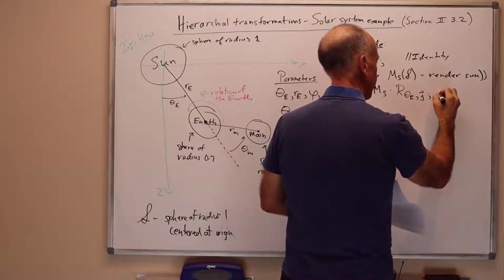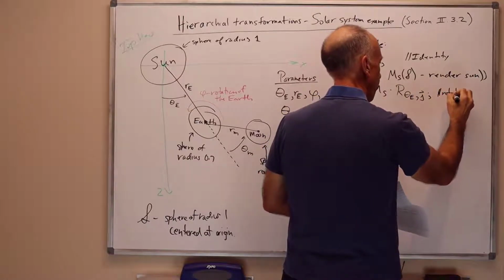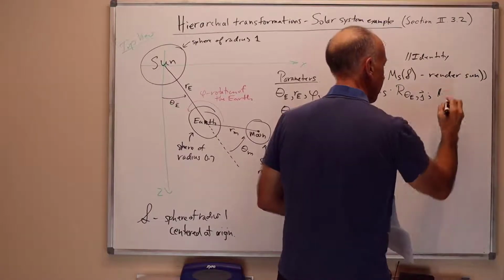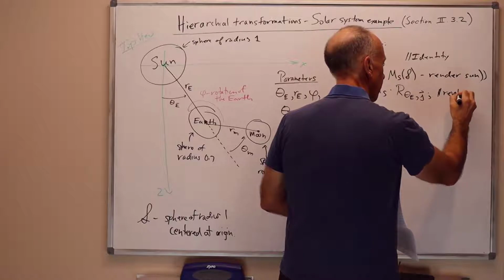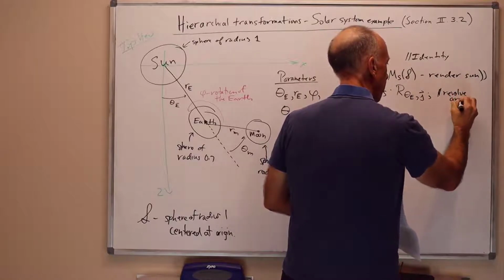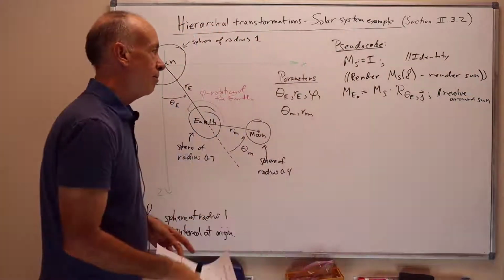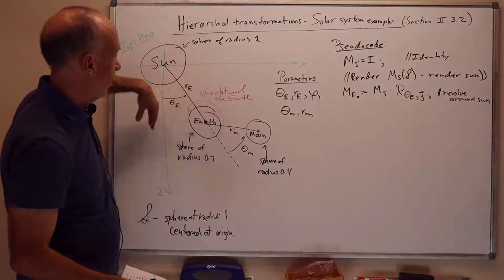So this is going to rotate around the sun. Or, more properly, I should say revolve around the sun. So this is the transformation that's going to revolve the Earth around the sun.